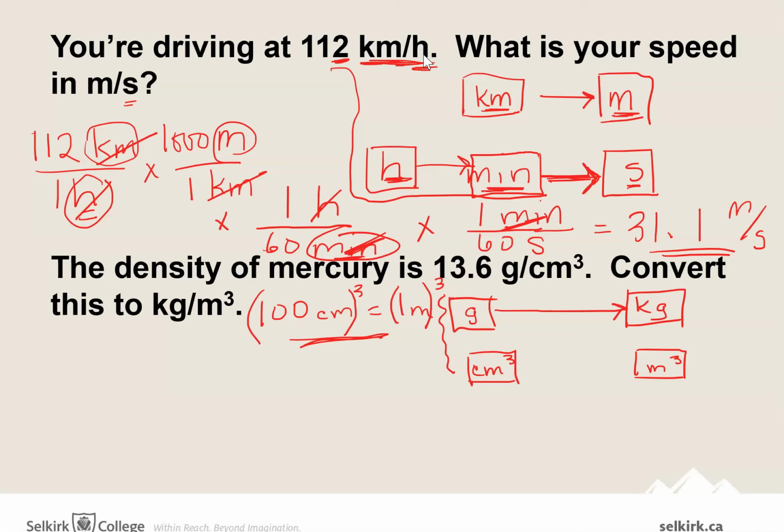If you need confidence, write something down. All right, so I know now how many cubic centimeters are in a cubic meter. I've closed in all the gaps and I'm ready to start my problem. So here we go. I start with 13.6 grams per 1 cubic centimeter.